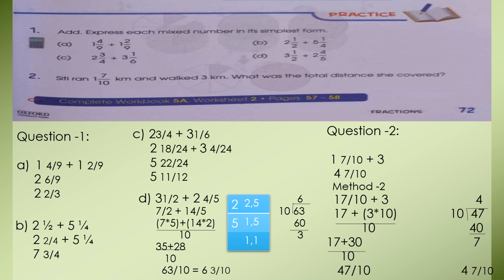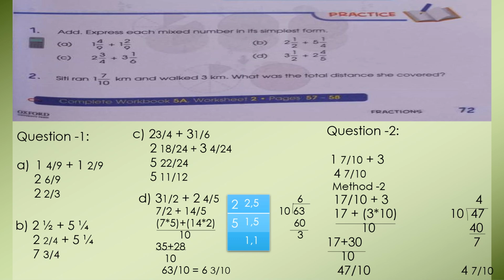We can also solve this by method 2, in which we first convert the mixed number, which is 1 whole number 7 over 10, into an improper fraction, which is 17 over 10, and then by taking an LCM, we have 10 into 1 is 10, so 17 is going to be multiplied by 1, and it remains as it is. And 1 into 10 is 10, so 3 is going to be multiplied by 10.